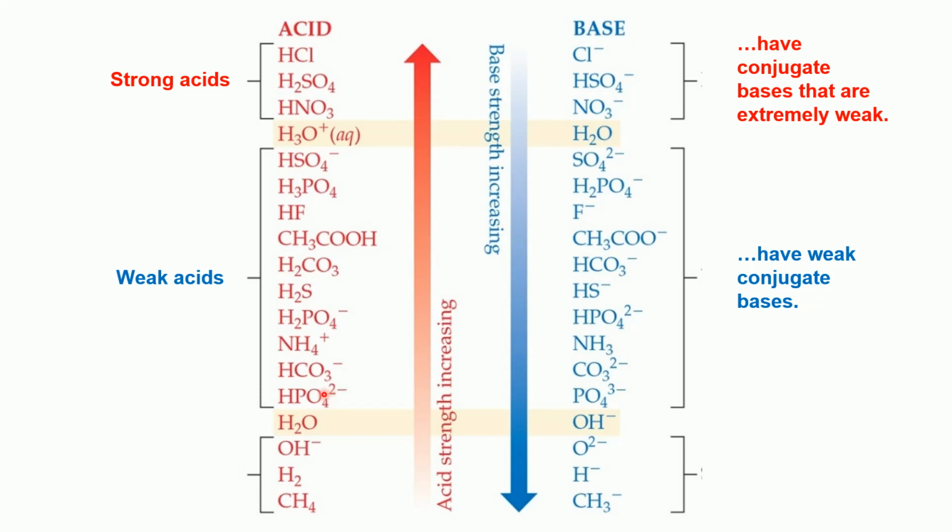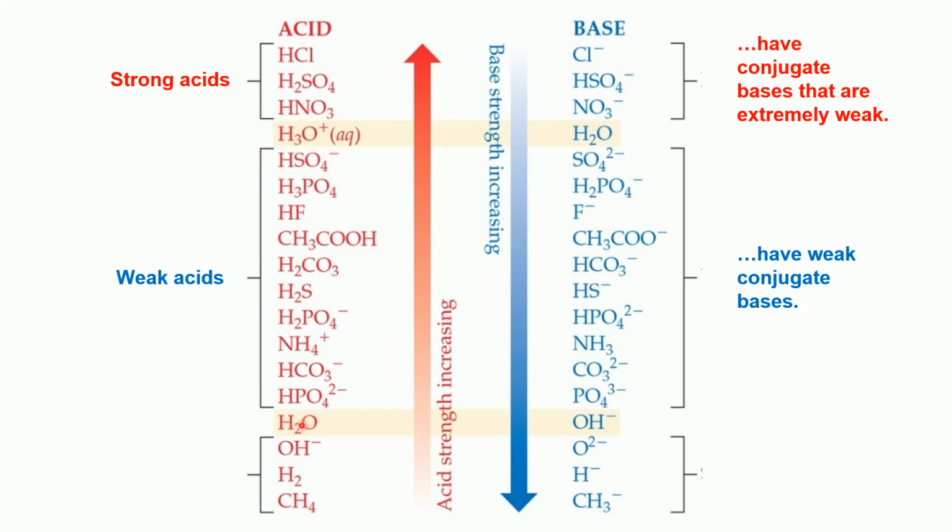If you put it into water, it will dissociate a little bit. PO4 3 minus is its conjugate base, and among weak bases, it's pretty strong. If you have phosphate in a water solution, you will find that that solution will be pretty basic. Now, it won't be a strong base, but it'll be pretty basic.